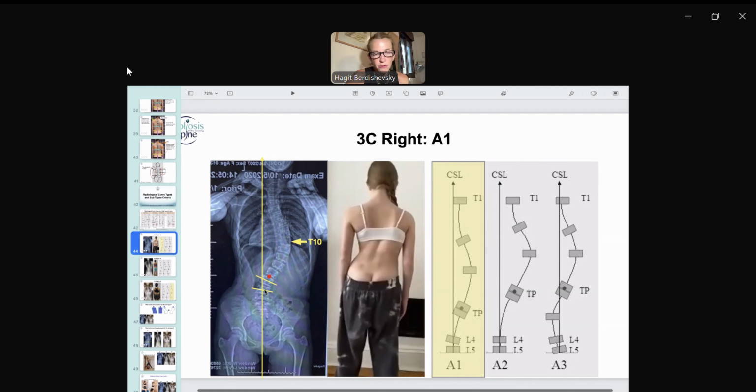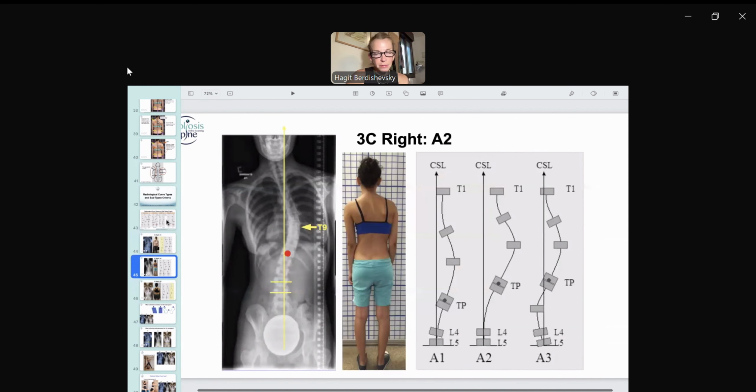But here I think it's also rotated. And it's a unique curve type, but it's actually very easy to correct because it's all in rib cage and pelvis, and you can correct it well with bracing.